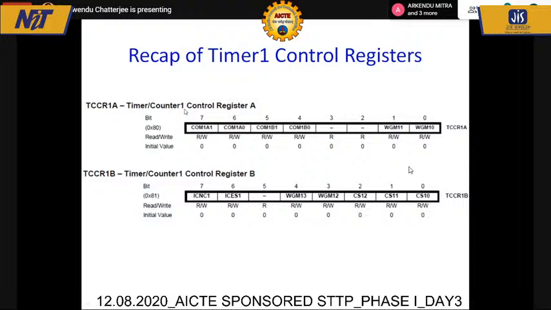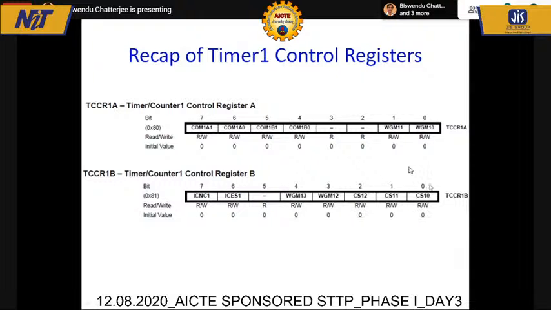First of all, a recap of the timer 1 control registers. We have already stated that this timer 1 is a 16-bit register and the control register is also 16-bit. Yesterday we encountered only the second half of the register, that is TCCR1B.